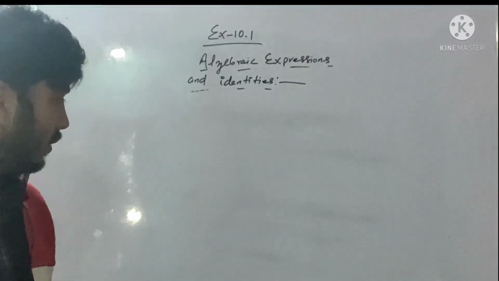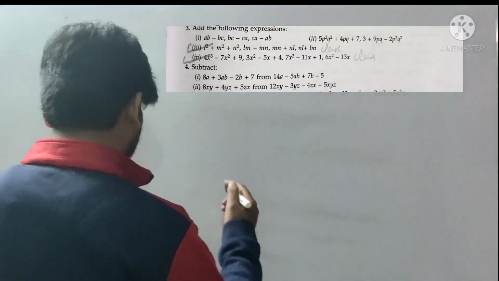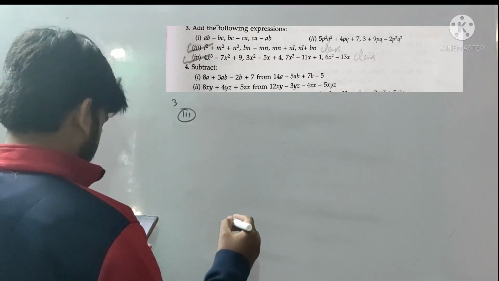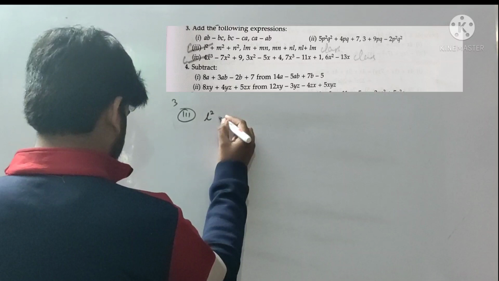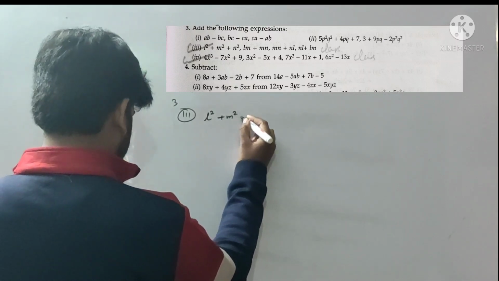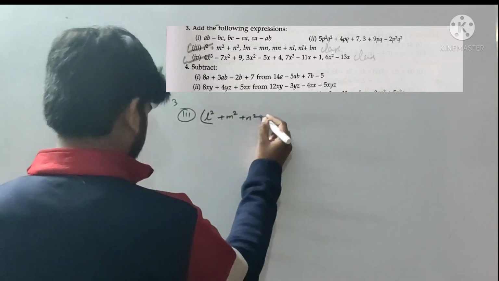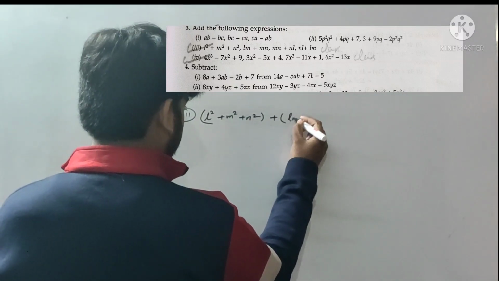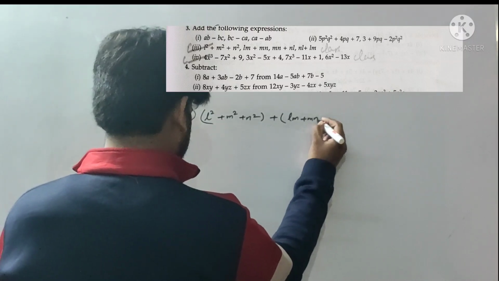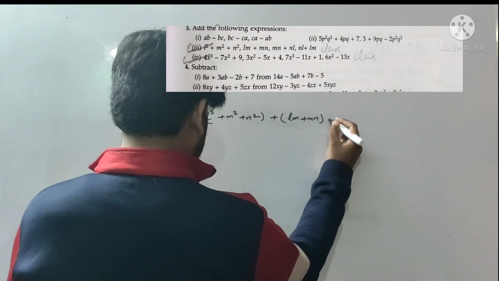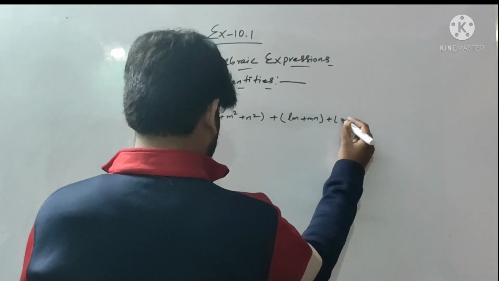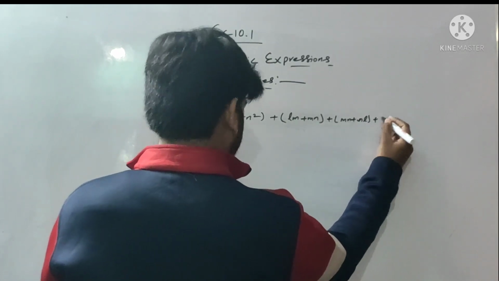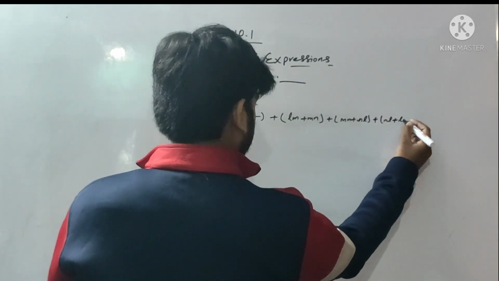Please follow, everyone. Question number 3. Given that L square plus M square plus N square in brackets, LM plus MN in brackets, again here plus MN plus NL, plus NL plus LM.